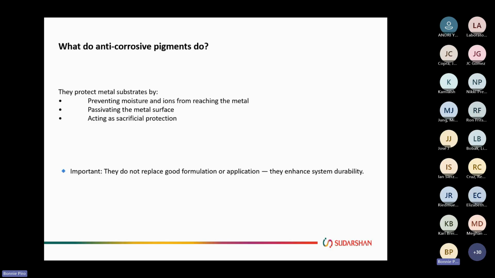And they can act as a sacrificial protection so that if moisture does pass through the top coat, it sees that sacrificial anti-corrosive layer, and that's where the motion of the moisture stops. It's always important to note that anti-corrosive pigments don't replace a good overall formulation or application. They are there to enhance the full system durability, not just one layer.